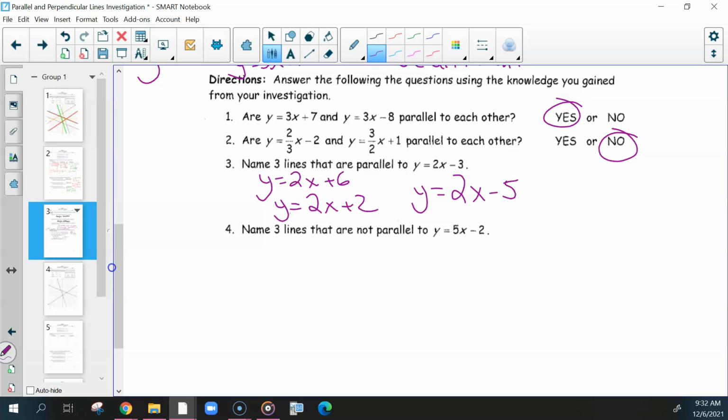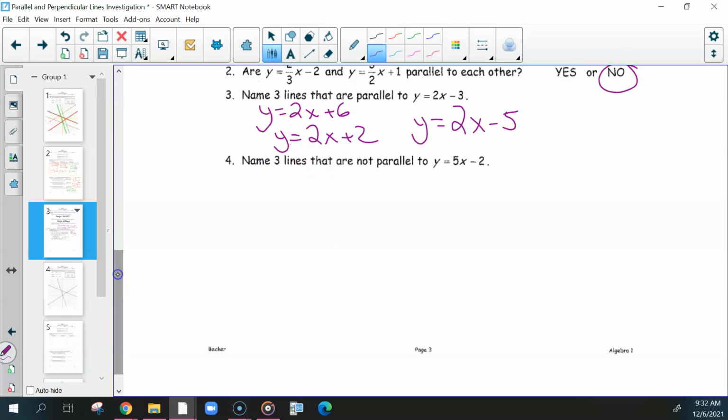So I need 3 different people to give me 3 lines that are not parallel to y equals 5x minus 2. Y equals 7x plus 30. And one more.